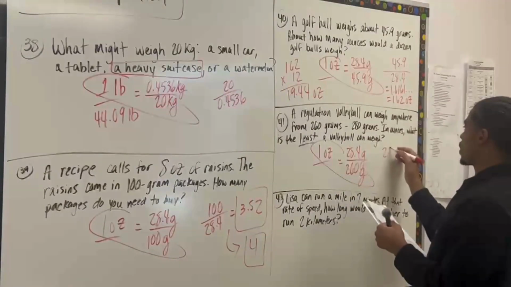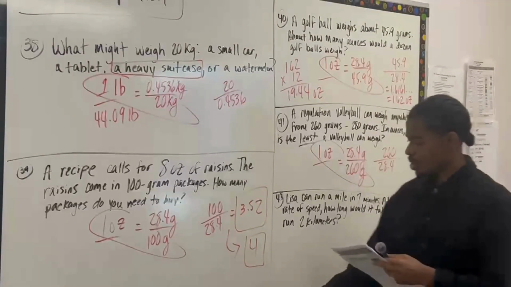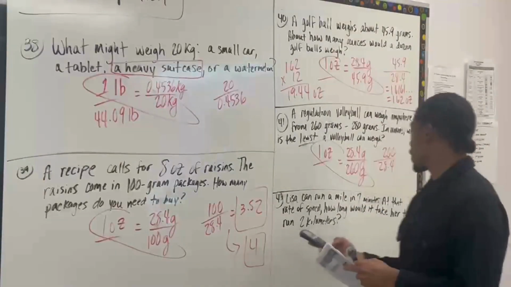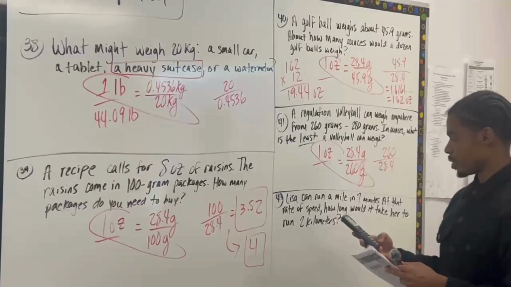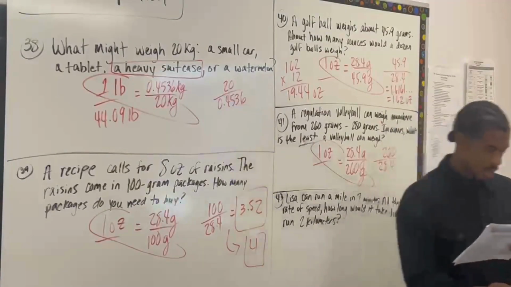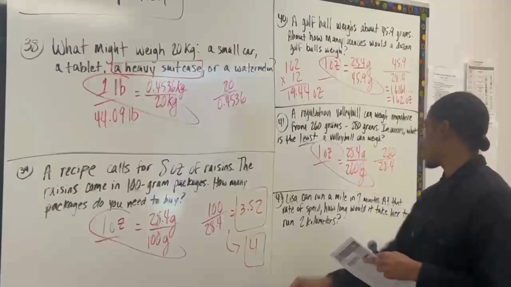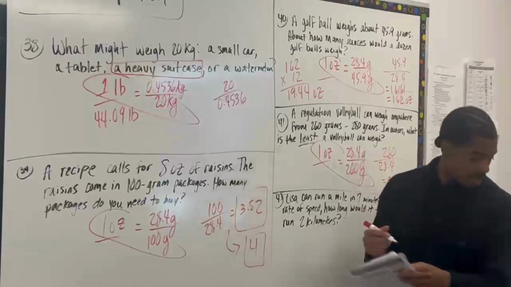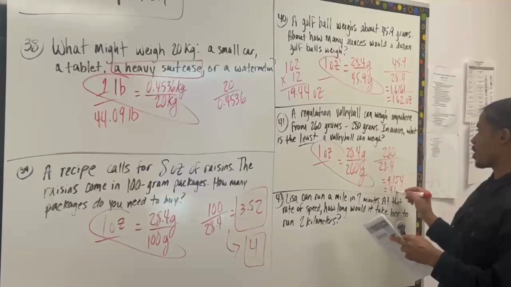That would have been 260 divided by 28.4, which once we put that into our good old reliable calculator here, so let's do 260 divided by 28.4. That would have been 9.154. And like I said, we round to the nearest hundredths, we only got to go to the thousandths place, so that would have been 9.15.